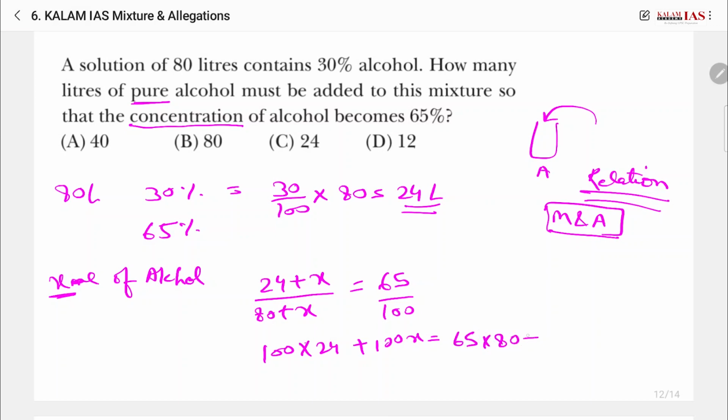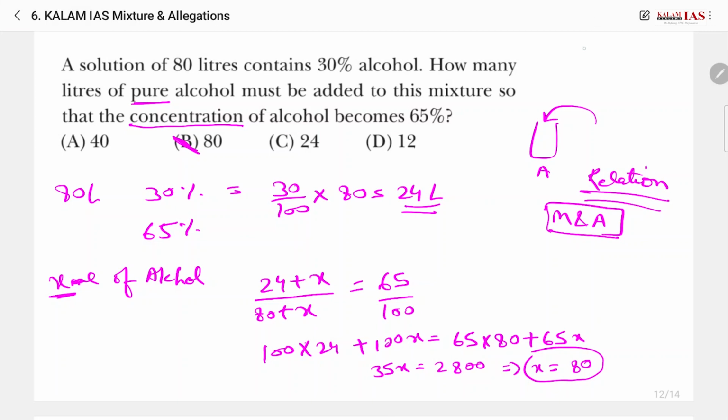Rearranging and solving this, we get 35x equals 2800. So x comes out to be 80. We need to add 80 liters of pure alcohol so that the concentration becomes 65%.